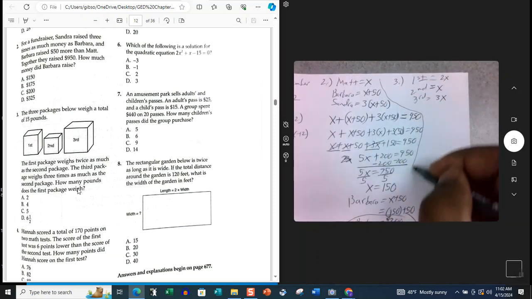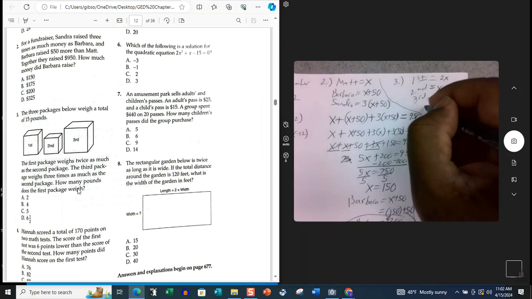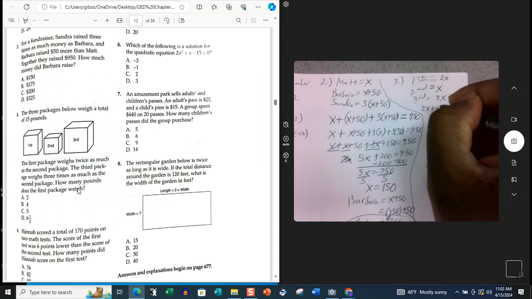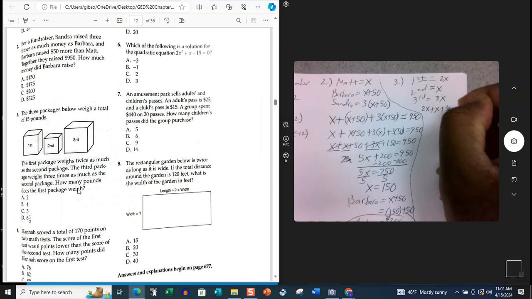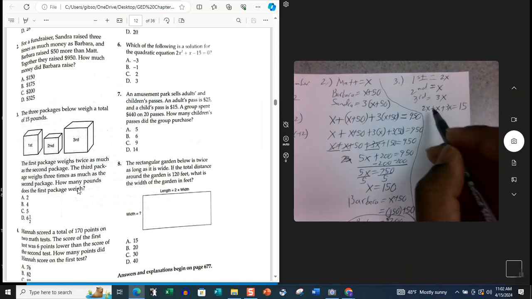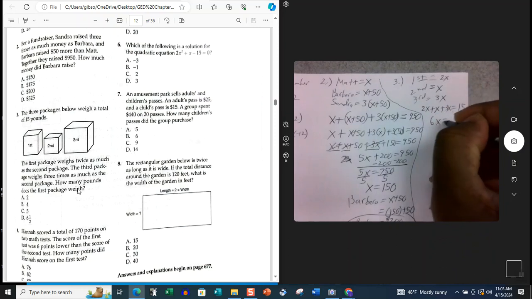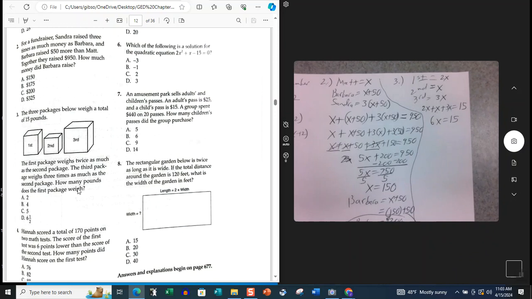So with that, we have to add all 3 of these values together. The first package plus the second package plus the third package is supposed to equal 15 pounds. 2X plus X is 3X, plus 3X is 6X, equals 15.